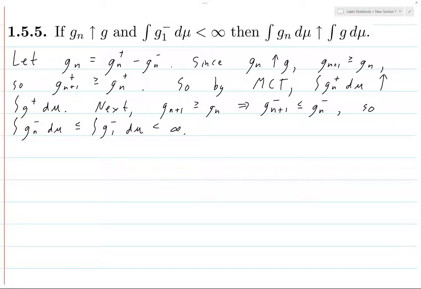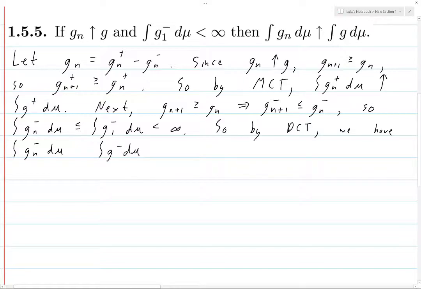And so we can apply dominated convergence. So by the dominated convergence theorem, the integral of gn minus d mu will converge to the integral of g minus d mu. And since the gn minuses are decreasing, this integral will decrease.